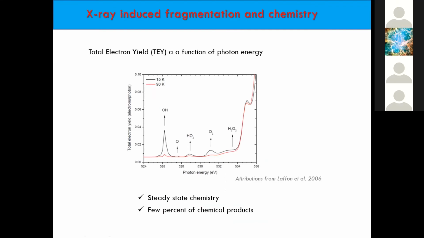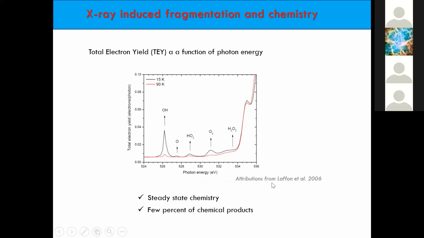Just an additional example on water, looking at the total electron yield here, and zooming on a small region above the resonance, we do observe a lot of chemical compounds.